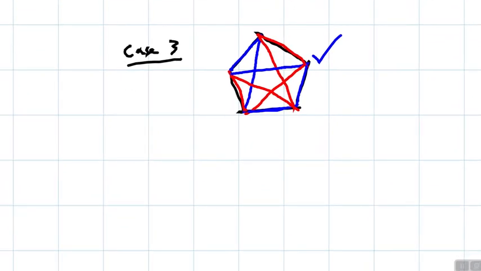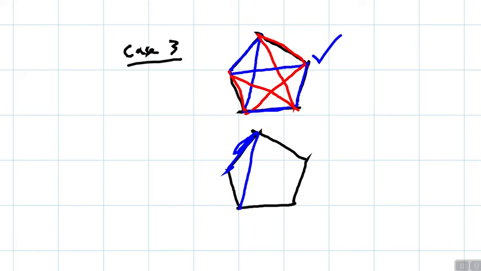And even with the same formation, so looking at the same pentagon, again, this has to be red. This has to be blue. This middle diagonal could also be red, and it works out.